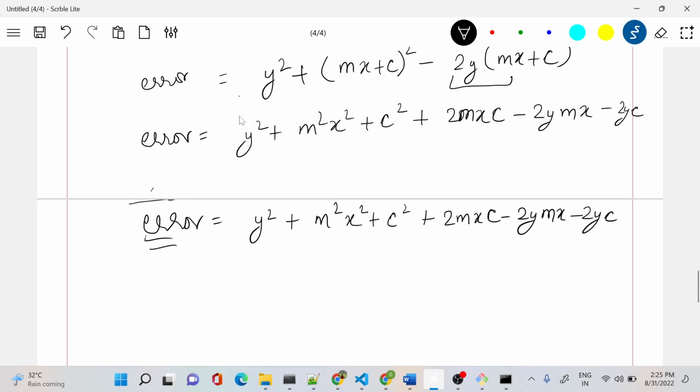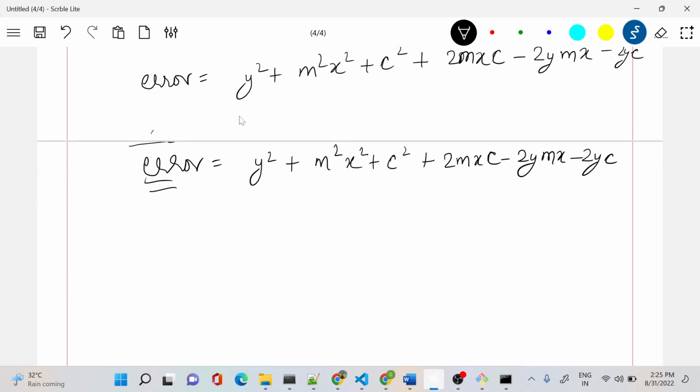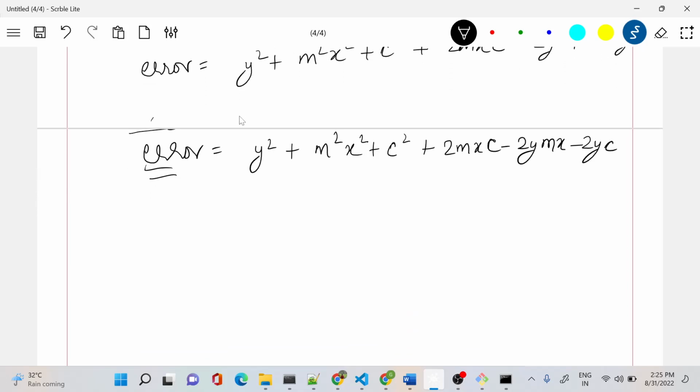We need to reduce this error as much as possible. What we can do is only change the m value and c value so that our error can be reduced. Because x is the data that is already given and we cannot manipulate it, and y is the actual output given in the dataset, we cannot manipulate it either.